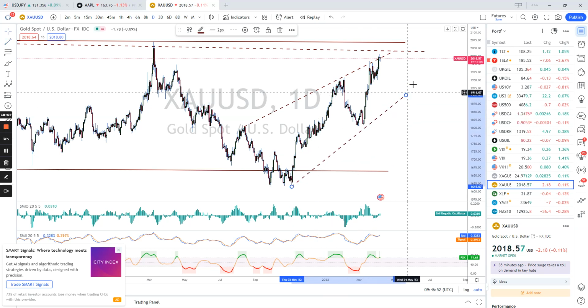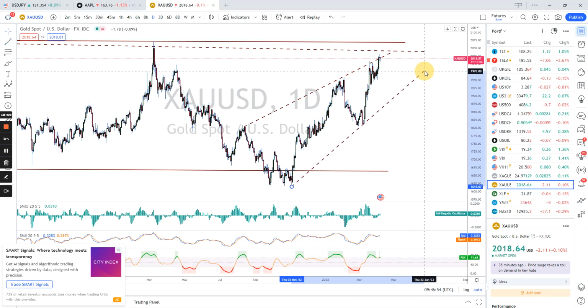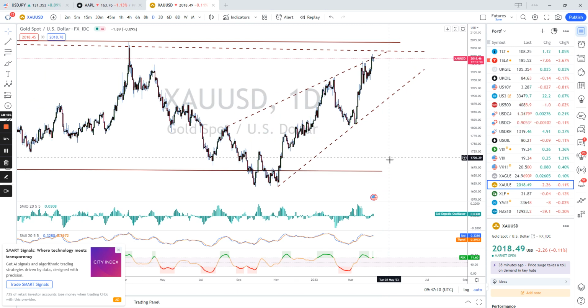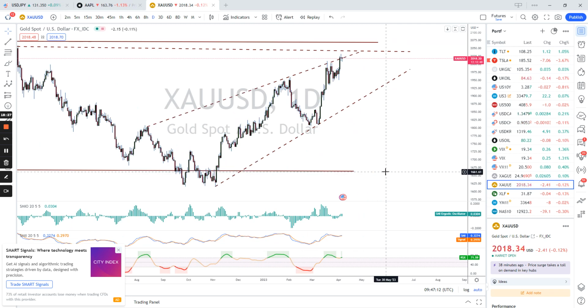Also, this is a lower boundary of this wedge inside the rectangle, and it is around now 1912. So a break below this level, 1900, will lead again to the lower end of the range.